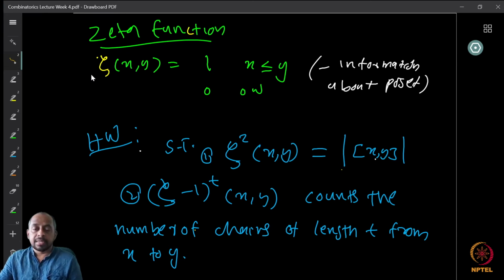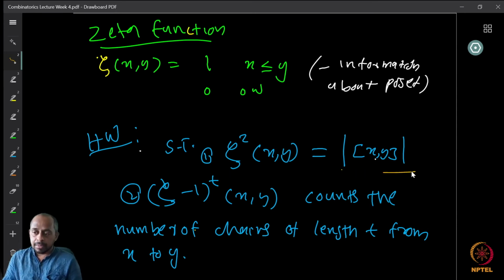This zeta function contains a lot of information about the poset. We may use it sometime, but at the moment I want you to look at this and try to observe some properties about it. Here are a couple of properties that you can try to prove. The first is to show that zeta squared of x comma y is the cardinality of the closed interval [x, y].